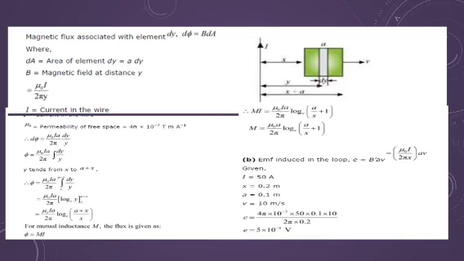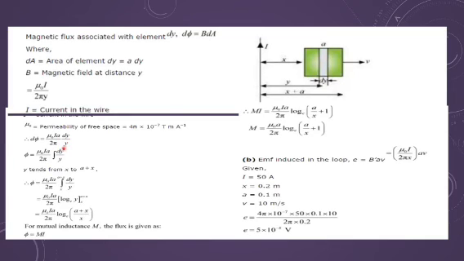I have repeated this so that you can keep this formula, mu naught I upon 2 pi y. d phi is equal to B into dA. B is this and dA is this, so you multiply both, and I get d phi equals mu naught I a dy divided by 2 pi y.